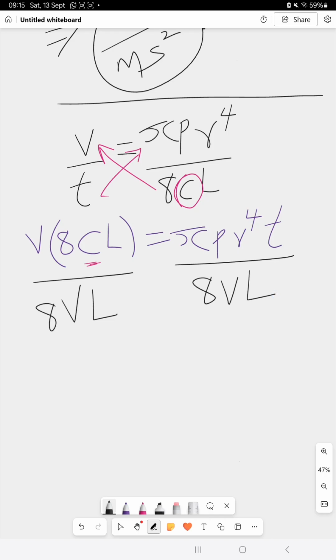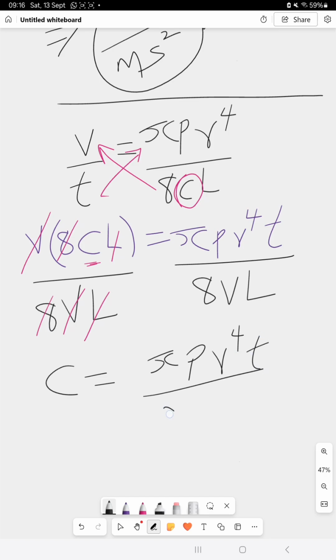Take note that 8 will cancel 8, and V will cancel V, and therefore I will remain with C. Therefore C is equal to pi P r power 4 T over 8 V L. Very good.